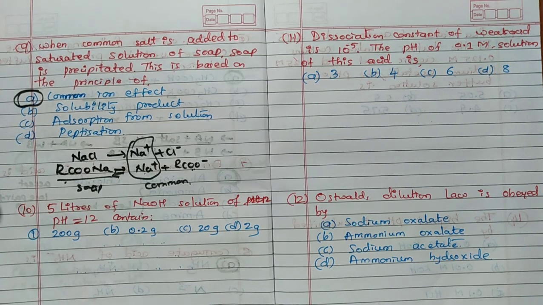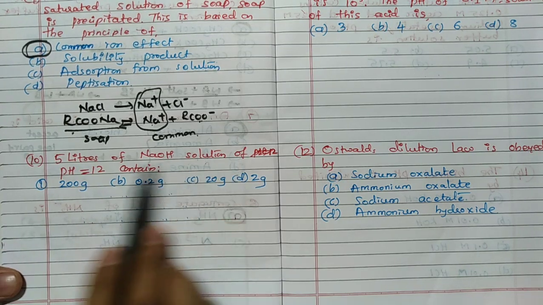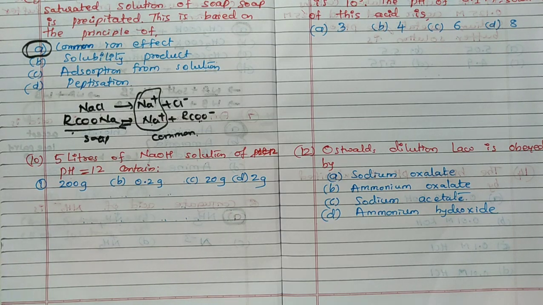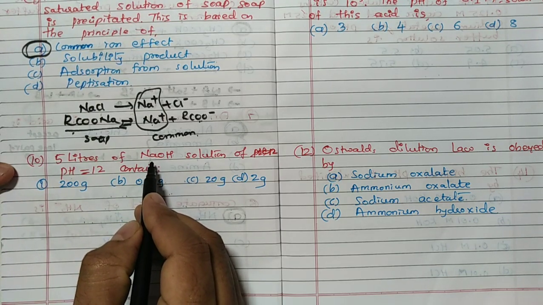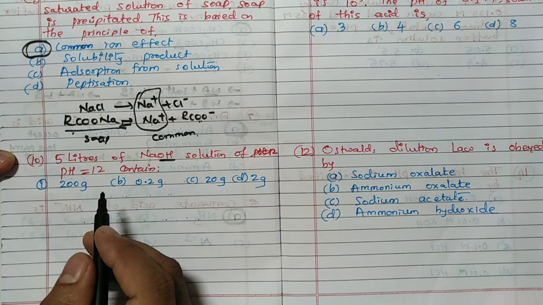Remember that. Then, 5 liters of sodium hydroxide solution of pH 12 contains... Now here we have to consider for 1 liter how much first, and then you have to go for 5 liters. So what we'll do in this particular case, first we calculate the concentration of NaOH in molarity. How to calculate? See, OH- concentration is obtained from pOH.